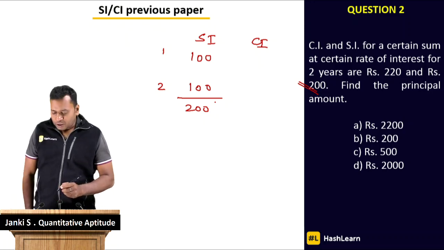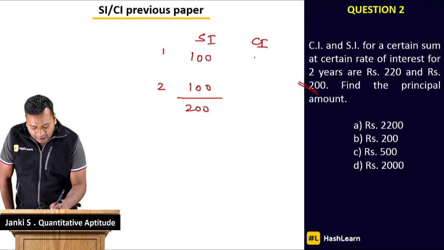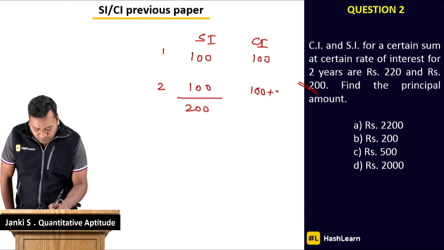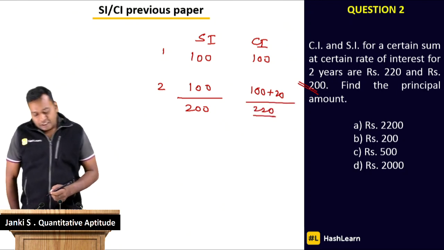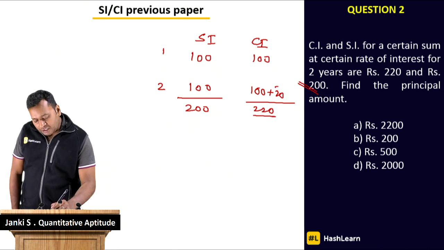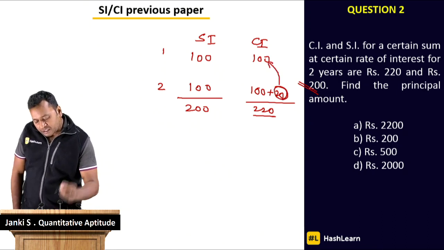But in the case of compound interest, what's happening? The overall interest is nothing but 220. That means here it's 100 and here is nothing but 100 plus 20. Right, that's why I'm getting 220. अब कंडीशन क्या है कि the interest is on this part is always on the previous interest, right?